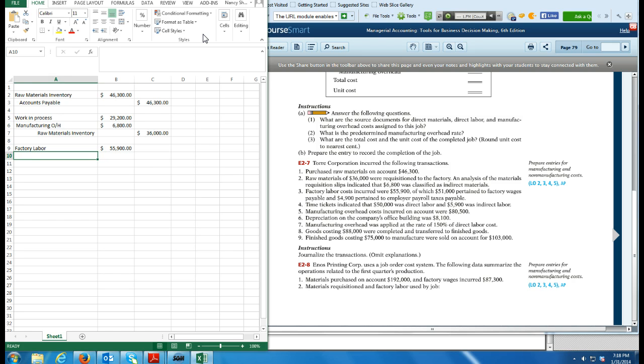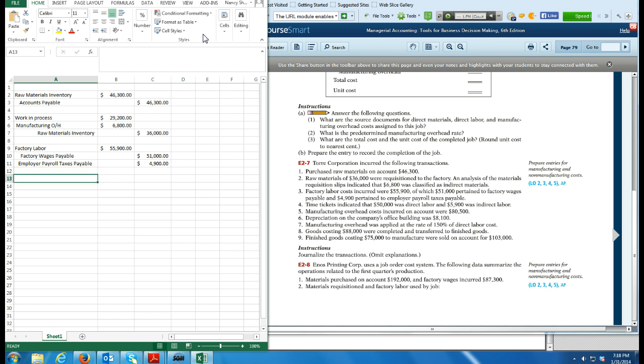It's telling us $51,000 pertains to factory wages payable, so the $51,000 is going to go here, and the $4,900 will be a credit to employer payroll taxes payable.